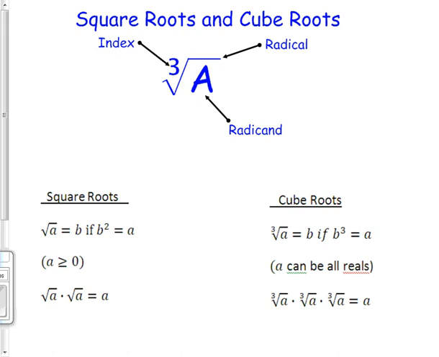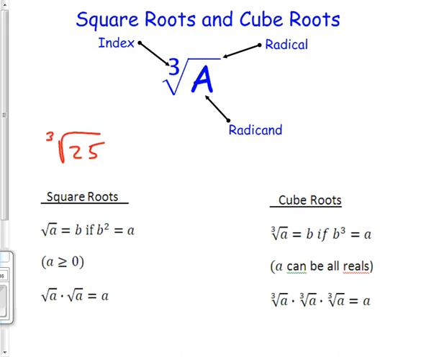Now, square roots I know you were familiar with. If I said square root of 25, you would simply say what? 5. Square root of 25 is 5. But did you know there was a little 2 there the whole time? There's always been a little 2 there that you don't see. It's sort of like the default. If I write that, it means there's a 2 there.